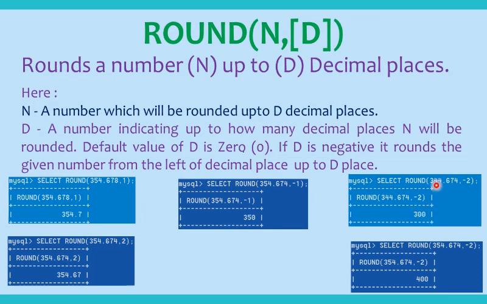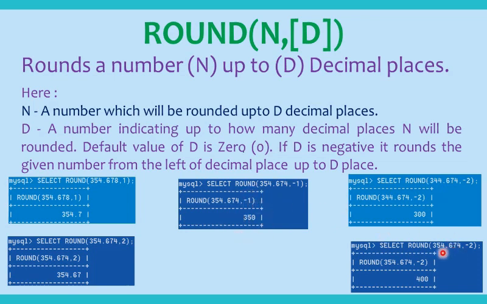Now see, if these 2 digits are removed, if the first digit of these digits which is being removed is 5 or more than 5, the previous digit is increased by 1. But here it is 4. So 4 is not more than 5, 4 is lesser than 5. So this remains as it is, that is 3. In the previous example also it remains as it is.